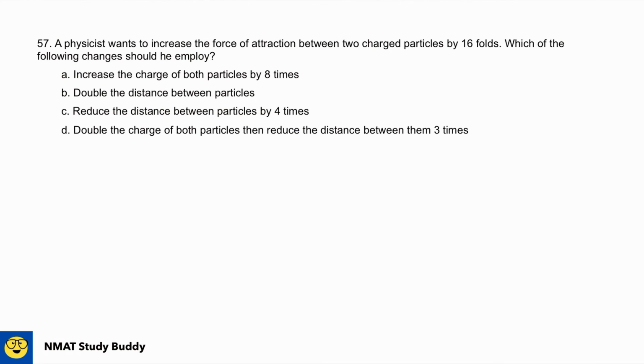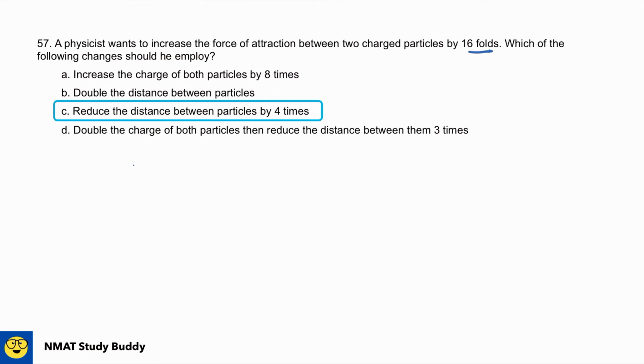Number 57, a physicist wants to increase the force of attraction between two charged particles by 16 folds. Which of the following changes should he employ? So, the correct answer here is letter C, reduce the distance between particles by 4 times.